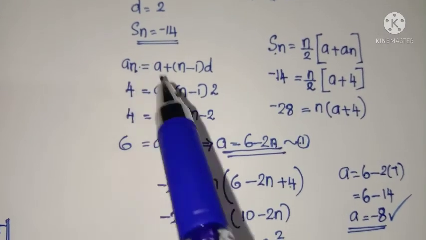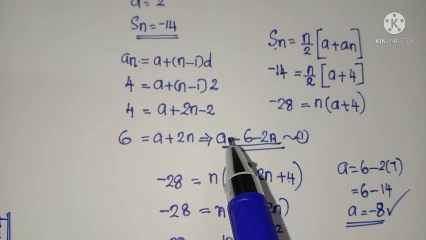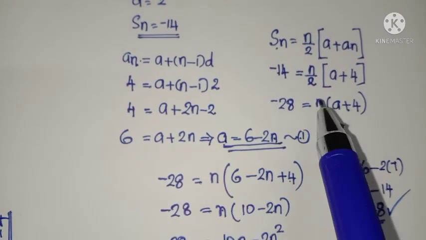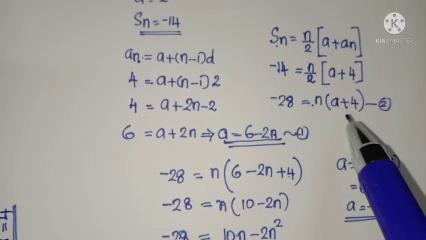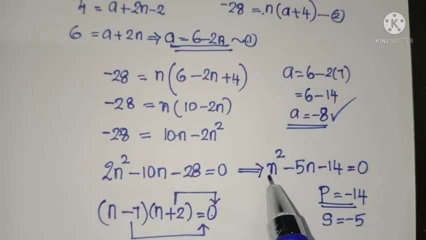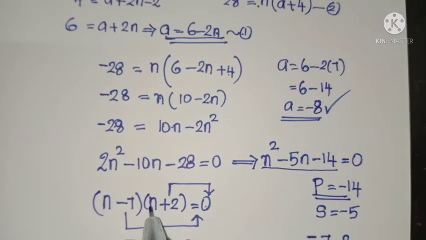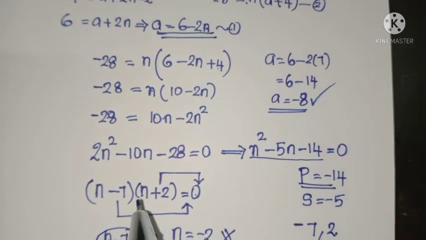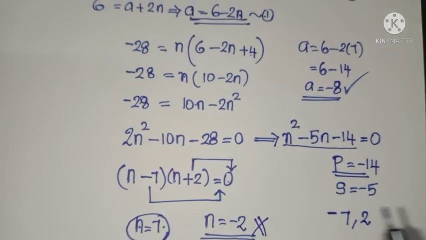From the formula an we reduce an equation in terms of a and put the value of a in equation 2. Then we see that there is a quadratic equation in n. Then by the factorization method find the factors, and from here we got the value of n equal to 7.